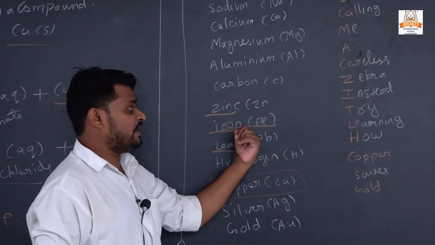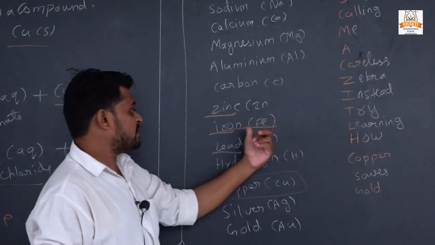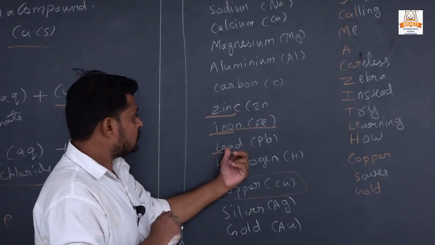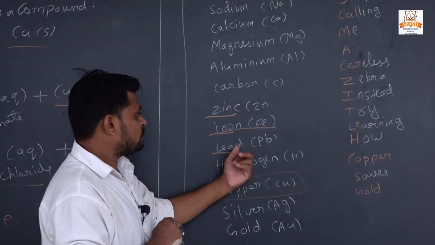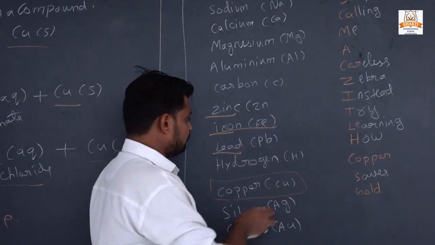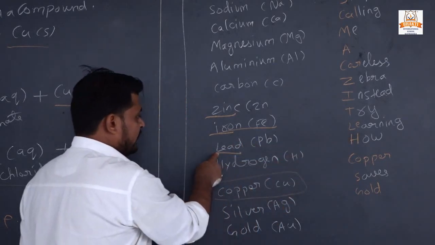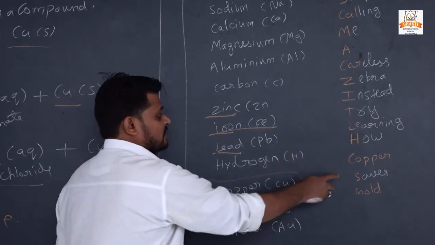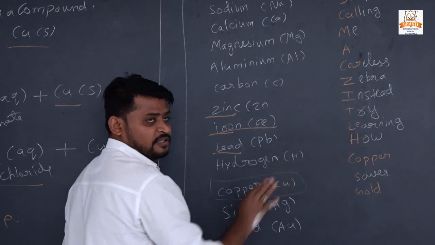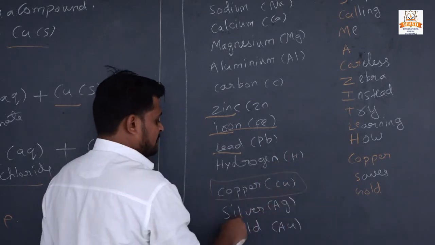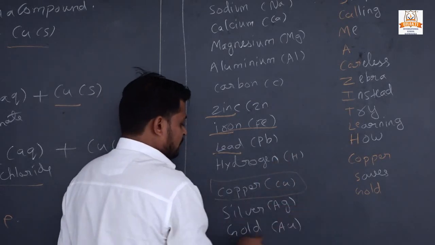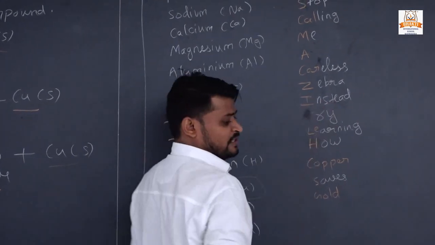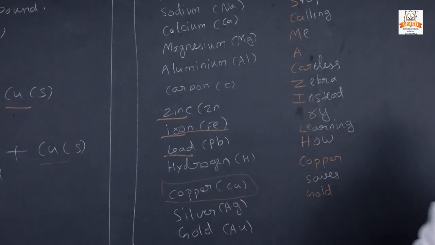I represents iron. T is not representing anything. L represents lead. H represents hydrogen. C represents copper, written in full here. S represents silver and G represents gold. Okay, T is not representing anything.